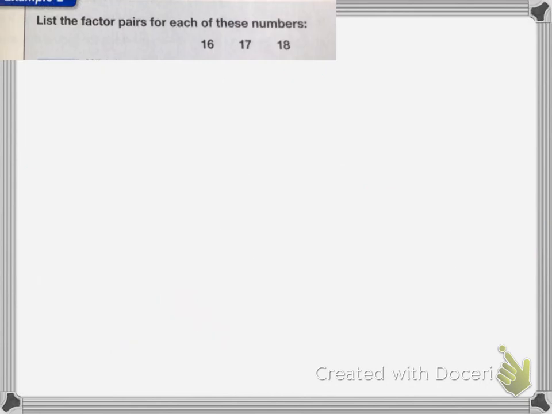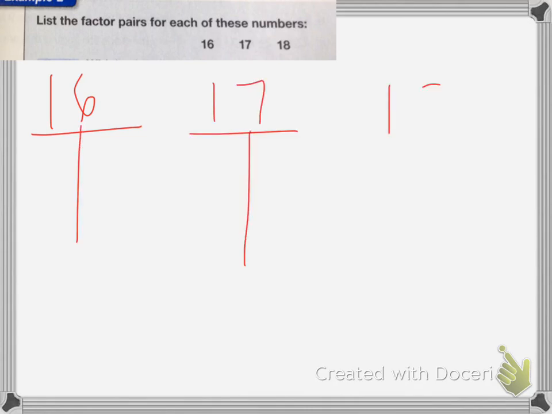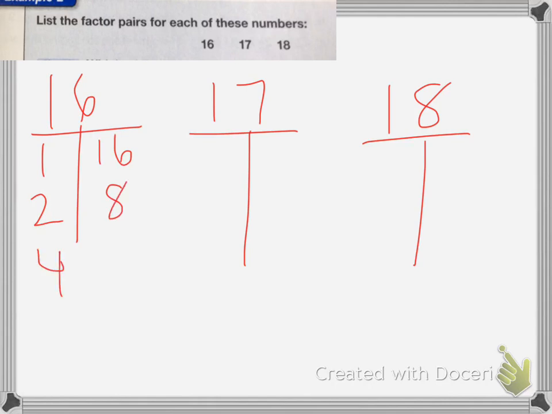This next one wants us to list the factor pairs for each of the numbers. So what factors multiply to equal these numbers? So we have 16, 17, and 18. So 16, I know that there's 1 and 16, 2 and 8, and then 4 and 4. 17, there's only 1 and 17.